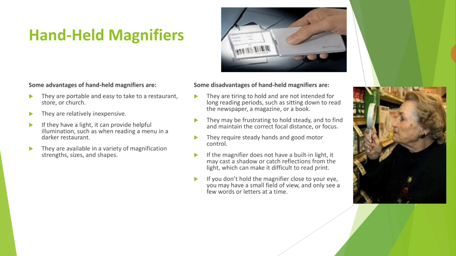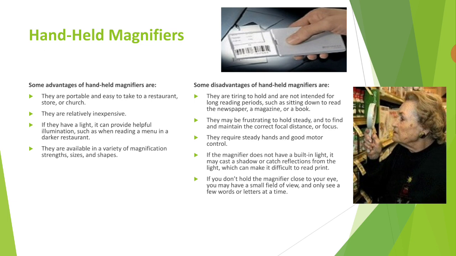Again, it is not expensive, so it is affordable. Anyone can buy this. Three, if they have a light, it can provide helpful illumination, such as when reading a menu in a dark restaurant. Sometimes when you go to a restaurant, the light is dim because some customers are sensitive to light, so they reduce the lighting.